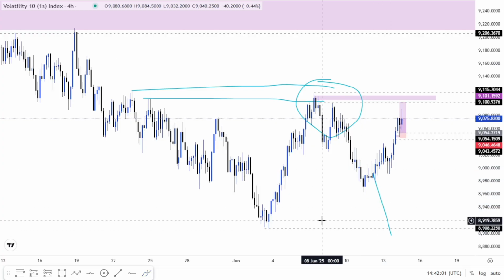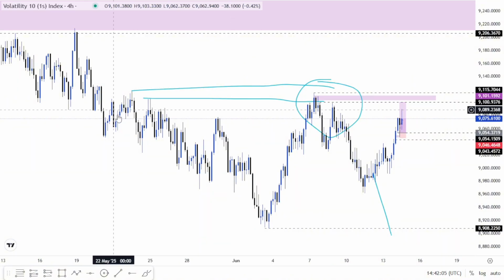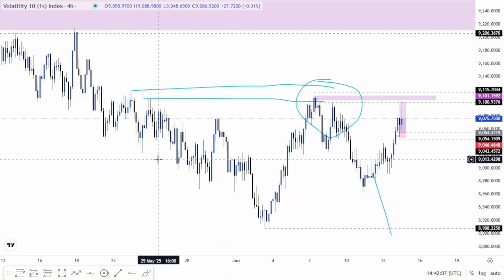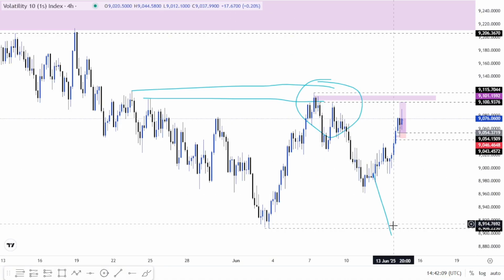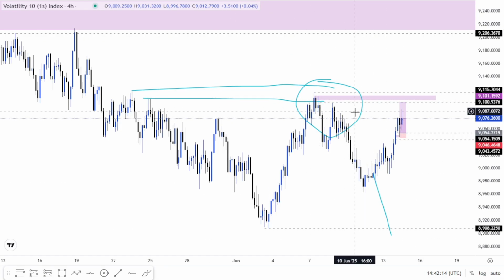So therefore I'm a bit curious, because that area has been retested. And what is giving me that curiosity is that this low was not taken out, and now the market is coming back to this area.